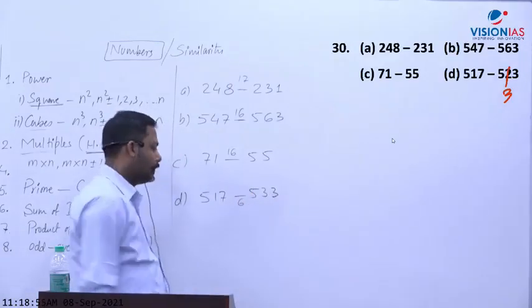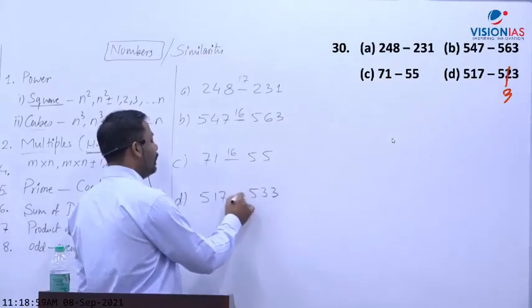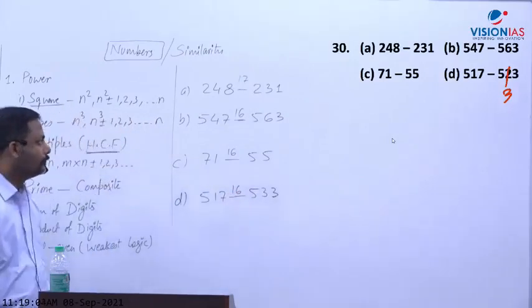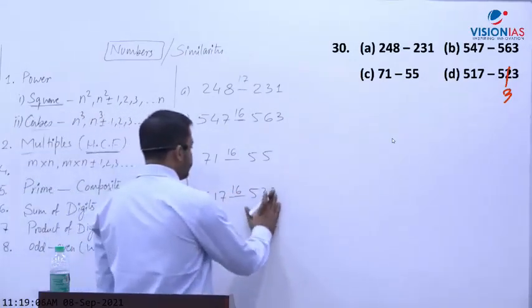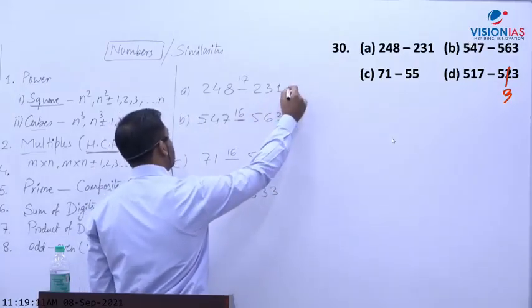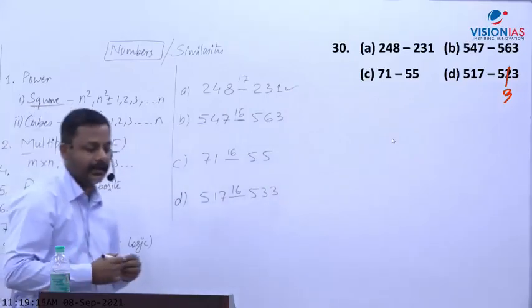Now we can see here also that the difference between 517 and 533 is the same. So in the rest of the options, there is a difference of 16, and in the first option, the difference is of 17.